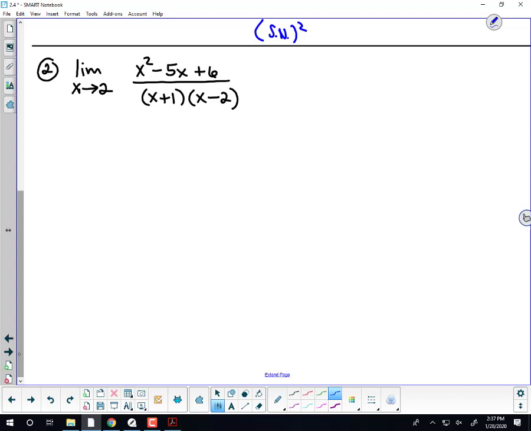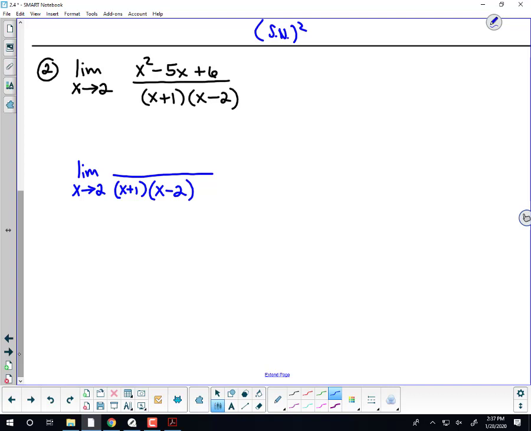You'll see here, as x approaches 2, initially looking at that, you might say, well, 2 in the bottom is going to cause me to divide by 0, therefore that limit is going to be infinite. But like we said, just because the denominator approaches 0 doesn't always mean that you'll have an infinite limit. In this one, what happens with this limit?